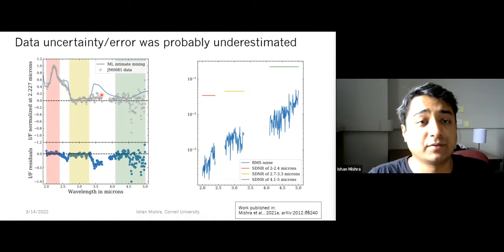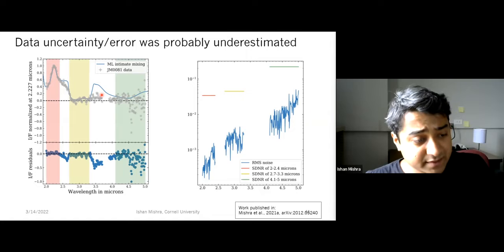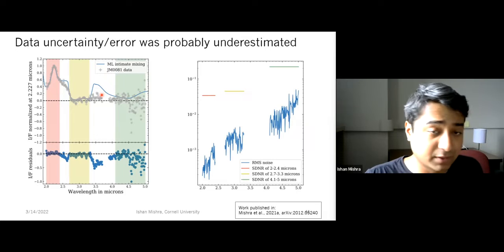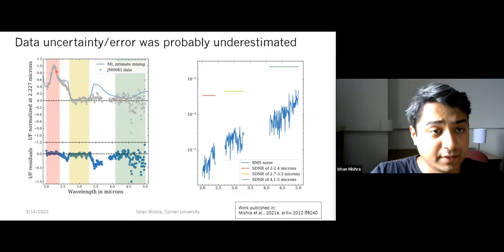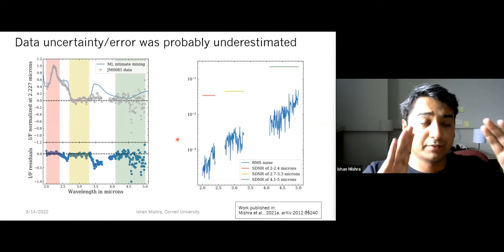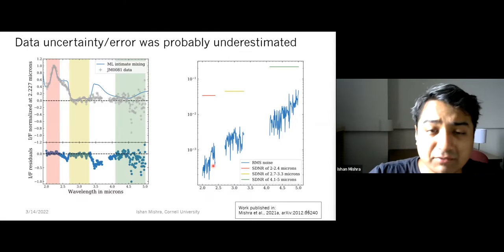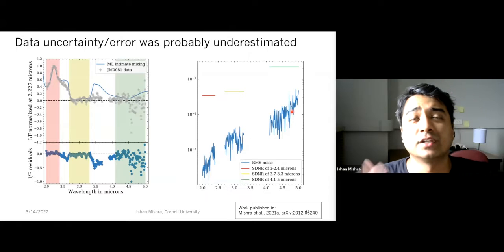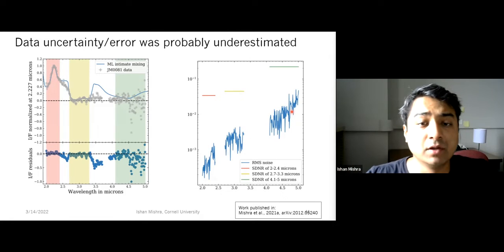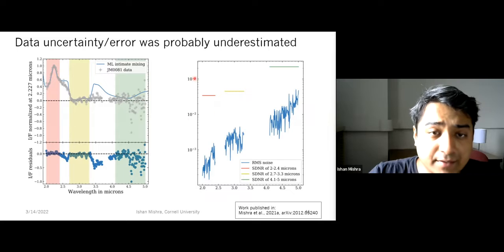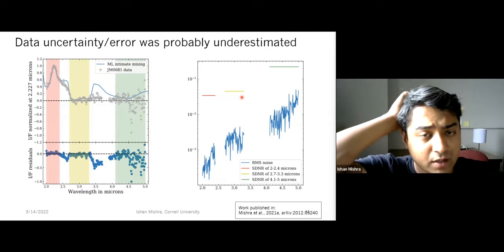We have not incorporated them into the analysis for simplicity's sake, and also because the optical constants are lacking. But if you just look at the highlighted regions here where the fit is good, we were still finding a discrepancy between the RMS noise that was given to us by the instrument team and the scatter in the residuals in our data.